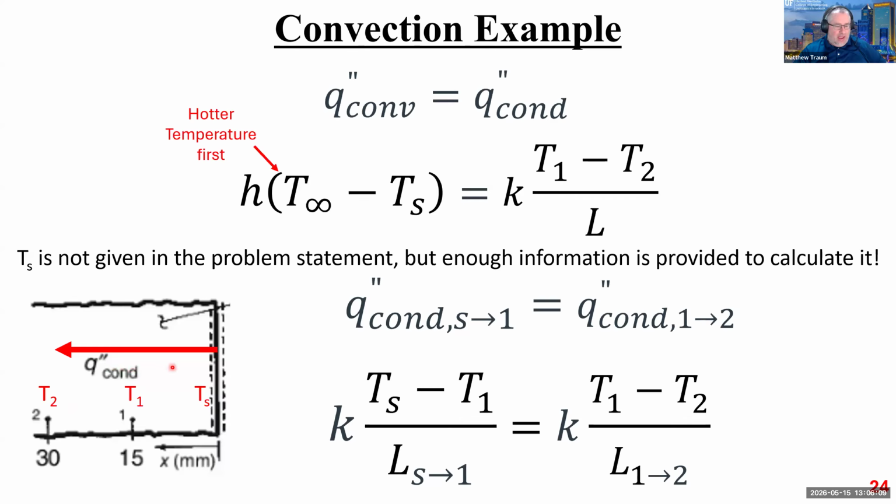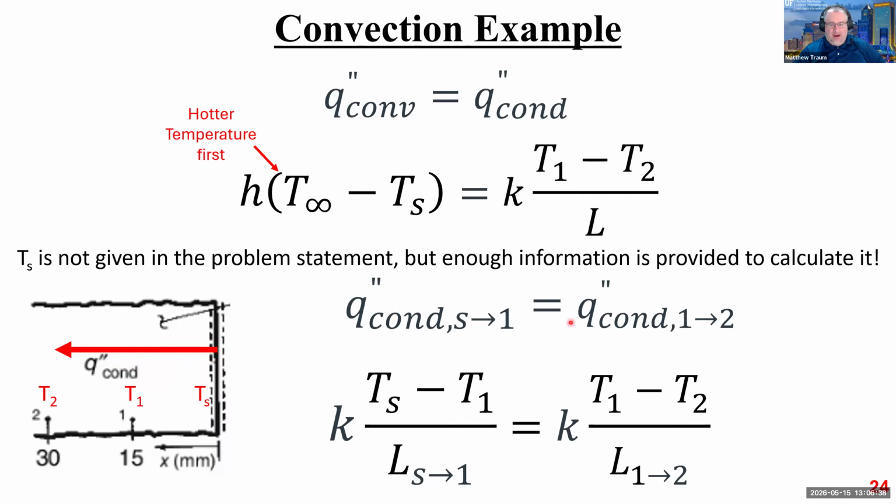Well, I've got one-dimensional heat transfer from the inside surface of this cast metal object all the way from T surface to T1 to T2. Just like with flow of current in an electrical circuit, if the heat traverses from Ts to T1, the same heat must traverse from T1 to T2. So I can set those two heat transfer rates equal to each other.